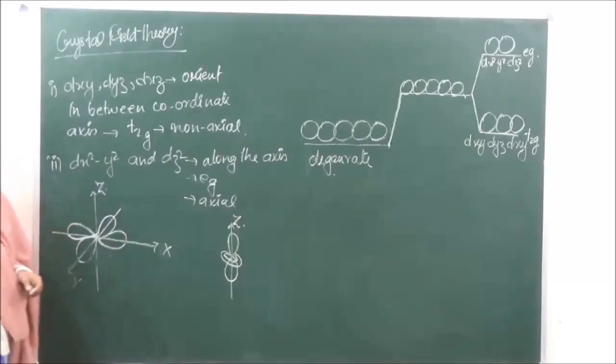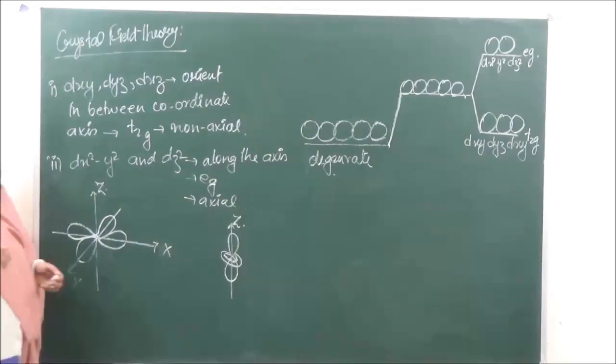Okay, so this is what is happening. When the ligands approach, the electrons get repelled, as a result of which all the orbitals go to a higher energy level. Then the d orbitals are going to split into 2 sets of orbitals having different energies. This is known as crystal field splitting.